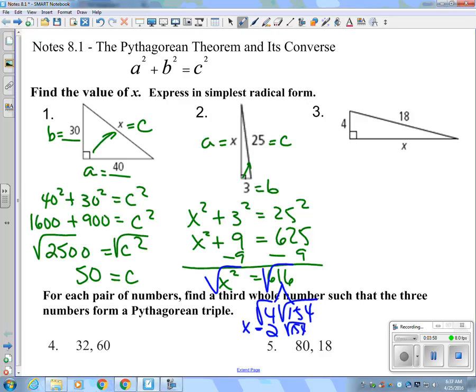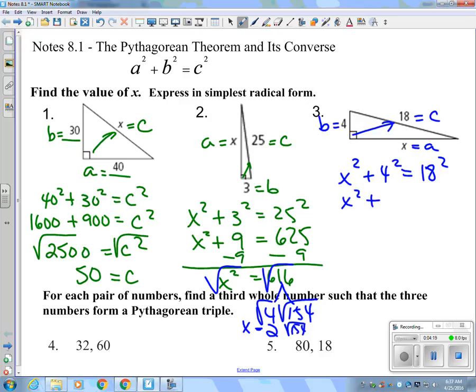And then for this one over here, the one across from the right angle is C, so since the two legs, it doesn't matter which one's A or B, I always make the one missing A. And therefore, I have x squared plus 4 squared equals 18 squared.